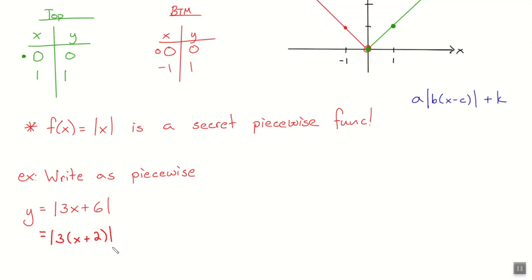Okay, when we look at this, there's 2 possibilities. If whatever x value I choose makes this all positive, do I really need the absolute value symbol? So for example, if I said the absolute value of 3, do you really need the absolute value?